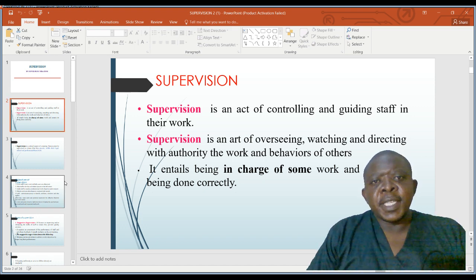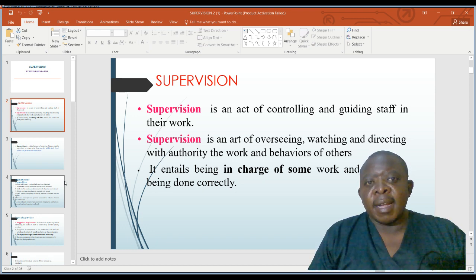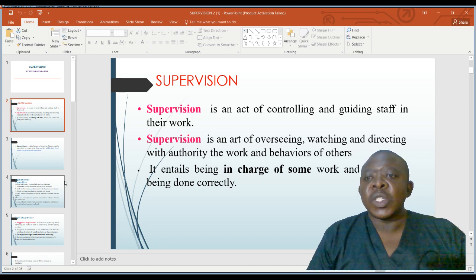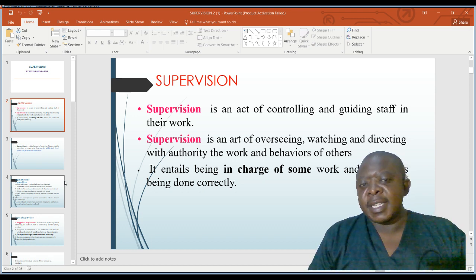By definition, supervision is an act of controlling and guiding staff in their work. Other authors have looked at supervision as an art of overseeing, watching, and directing with authority the work and behaviors of others.